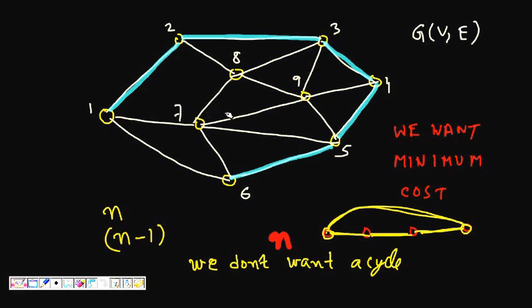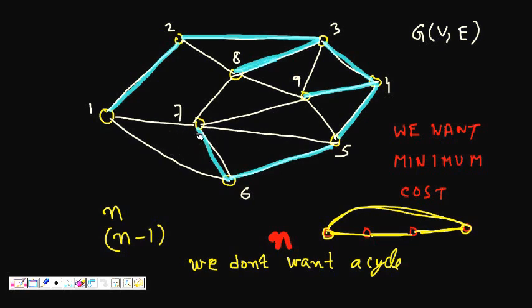But I have still not connected nodes 7, 8 and 9. So let's say I choose this one, so 9 is now connected, and then I can go to 8 via this one, and then to node 7 via this.